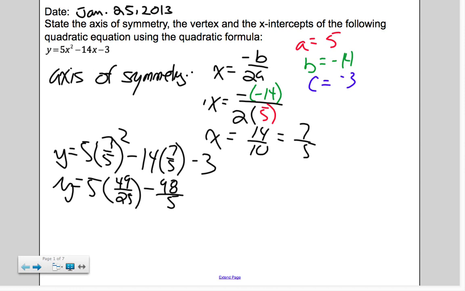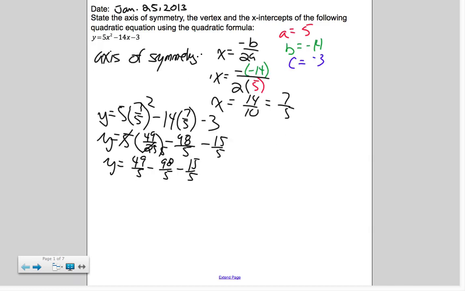Now I can see you have to do some fractional arithmetic, so I'm going to convert the 3 into 15 over 5. Then I can reduce my 5. So now I get y is equal to 49 over 5 minus 98 over 5 minus 15 over 5. So we get 49 minus 98 is negative 49, minus 15 gives me negative 64 over 5.